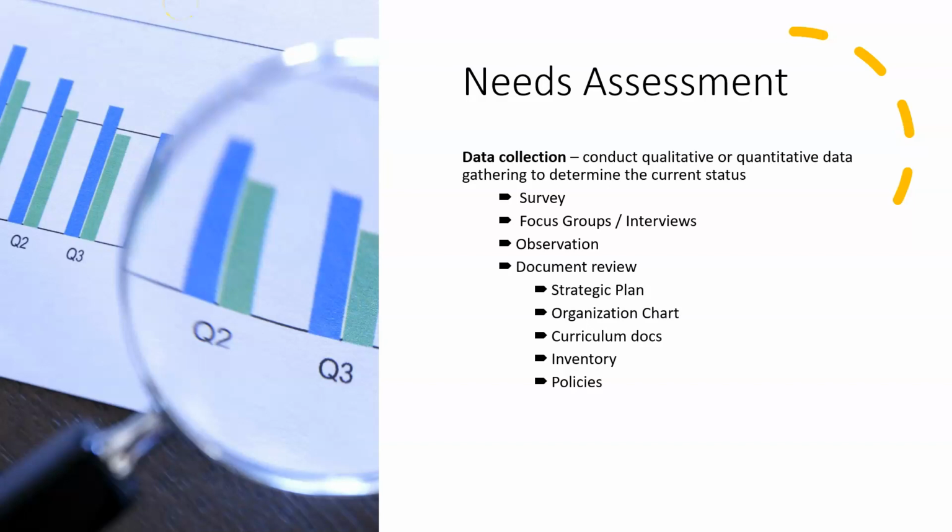In the context of this course, there is not time to do elaborate needs assessment, but you should be able to collect some data to get started. These are a few ways to collect data for a needs assessment. Surveys can be small or large. Observation you might do in a classroom.